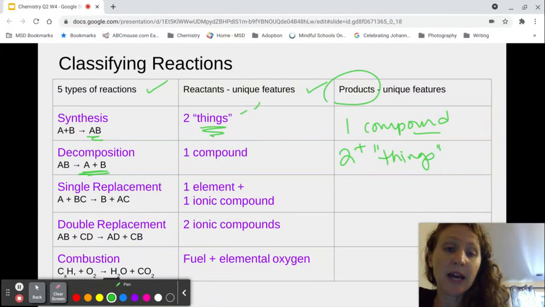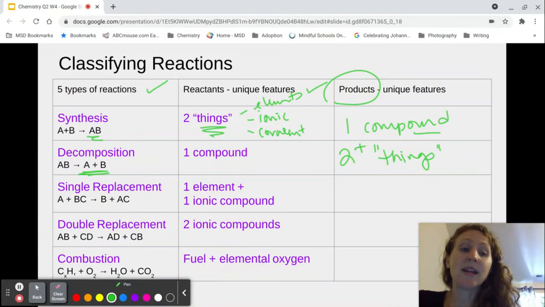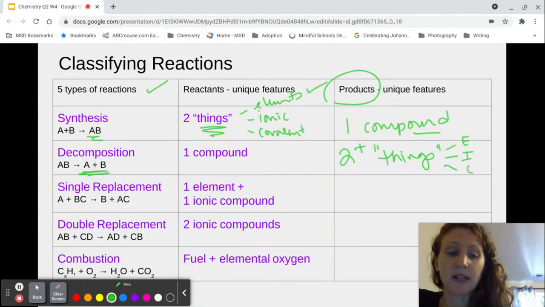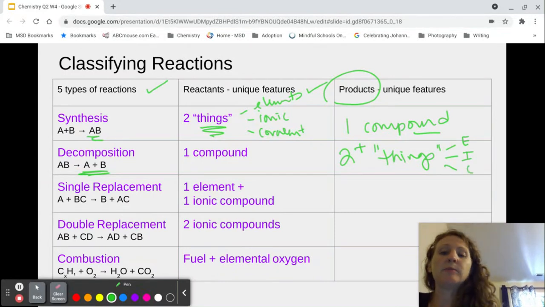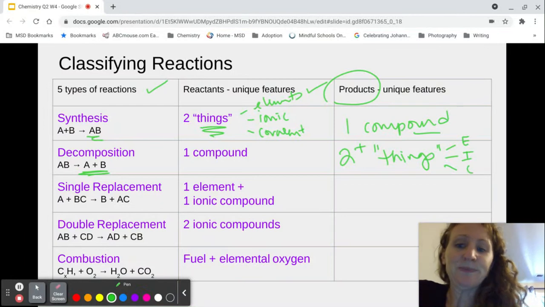Remember, those things could be elements, ionic compounds, or molecules, the covalently bonded molecules. Same thing here. In the decomposition, we can get elements, we can get ionic compounds, we can get the molecules or the covalent compounds.